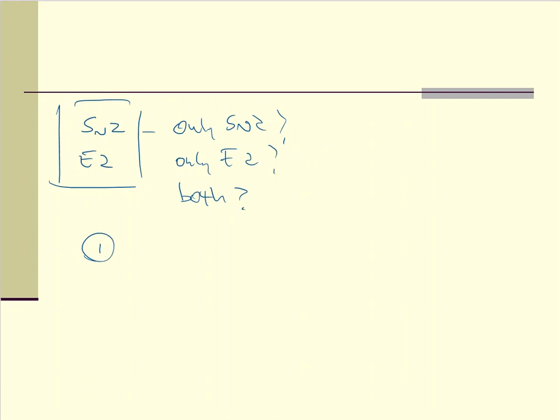Number one, if you have a very strong base, naturally, they are going to prefer the elimination product and not the substitution product. Which means that if SN2 and E2 are going forward, and I have to pick out a major product between these two, well, both are going to happen. But if I had to assign one of them the major product of the reaction, folks, E2 will get it almost every single time.